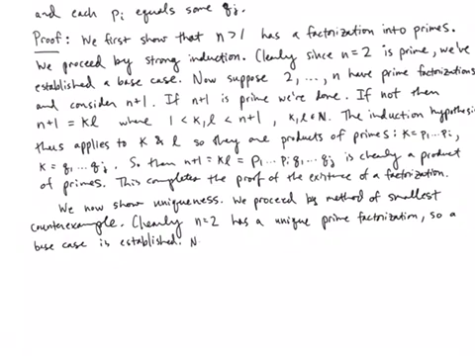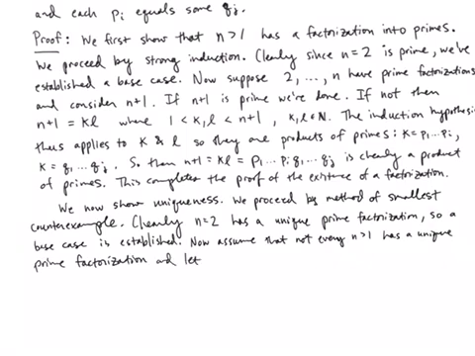So now assume that not every n greater than 1 has a unique prime factorization. And let k be the smallest such number where this is the case.